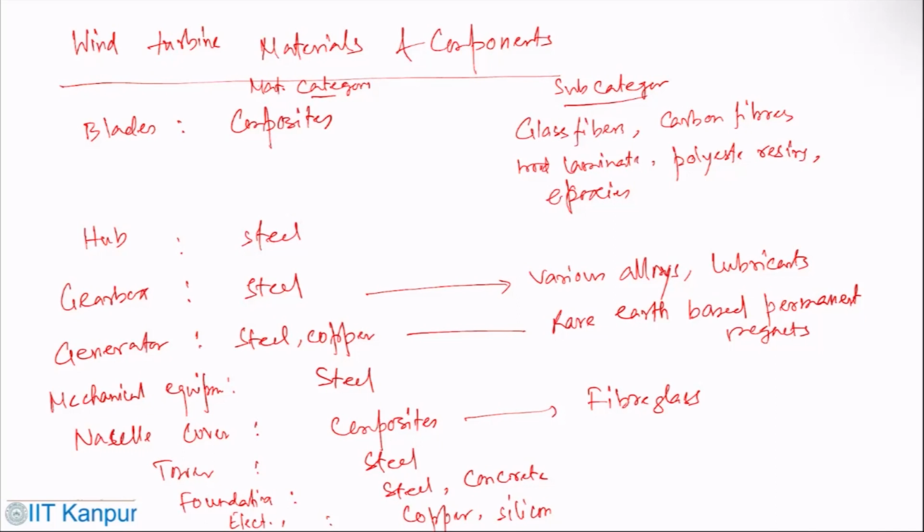Obviously, that's how you do the design, and then finally get the blade shapes and all these things. You find out the number of blades, airfoil, solidity, all these things. Then obviously overall system structure stability, and those things are there.